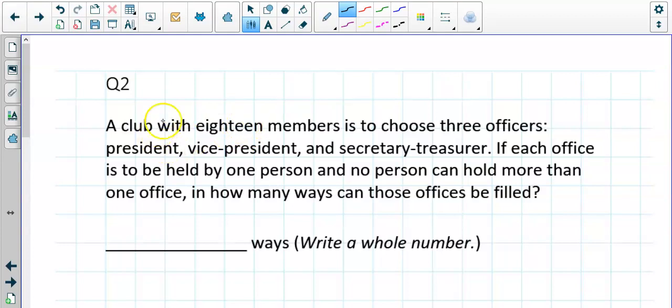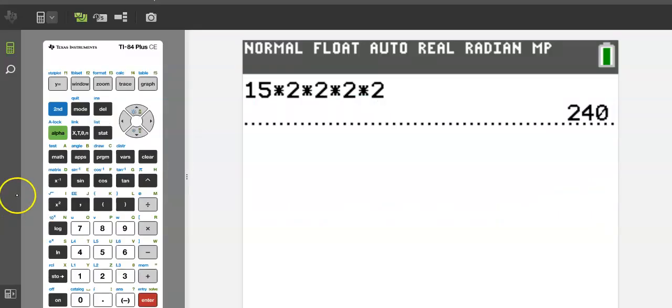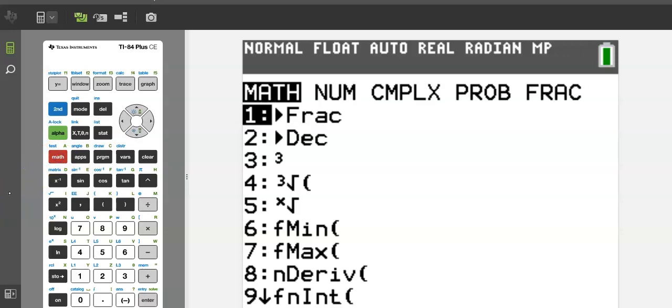So remember with permutations, you got nPr, where n is how many individuals you're dealing with. r is how many you're going to select. So in here, we've got 18 individuals in our club, and we are selecting 3 positions. So we just go into our calculator and we run nPr. If you forget where that's at, you're going to hit math. That's where all of our good stuff is at.